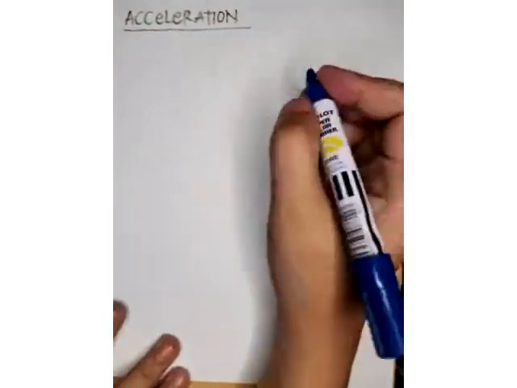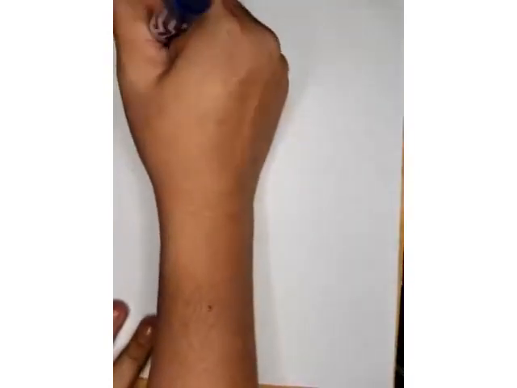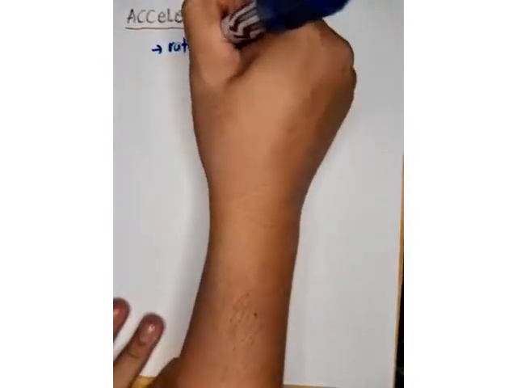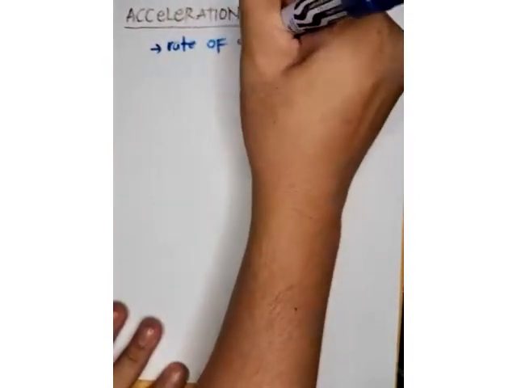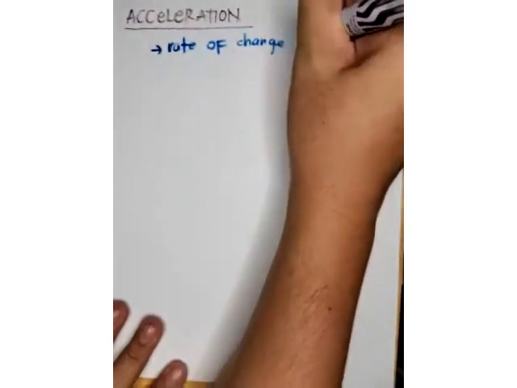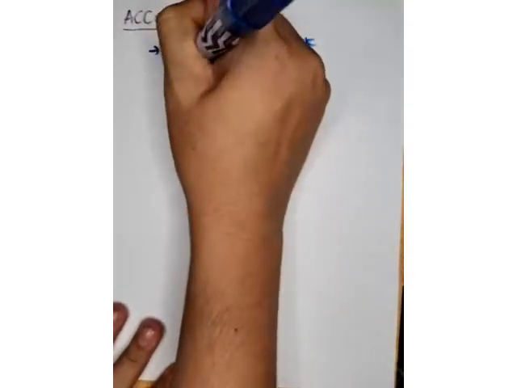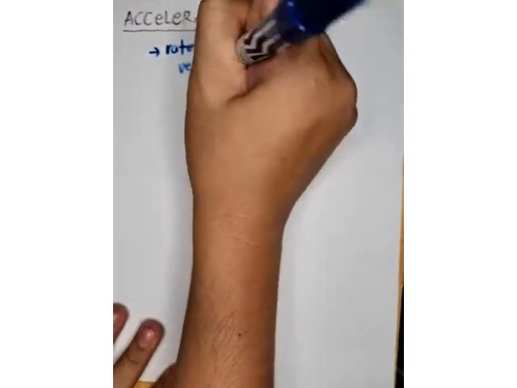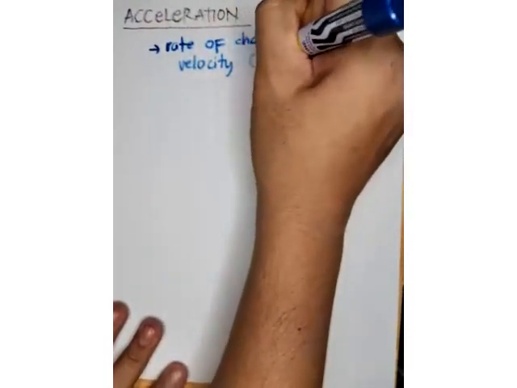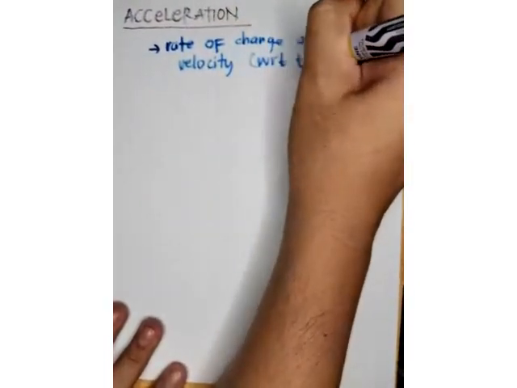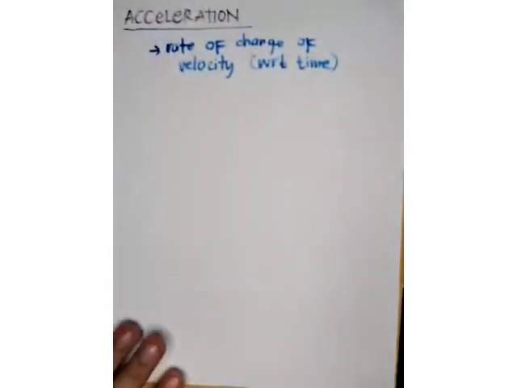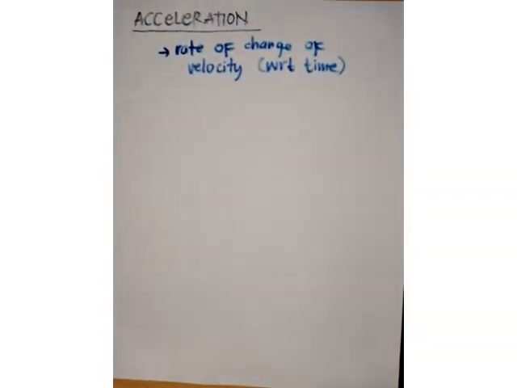Ang ibig sabihin ng acceleration ay it is the rate of change of velocity, siyempre, with respect to time. So this is the rate of change of velocity with respect to time. So that is the general definition of acceleration.